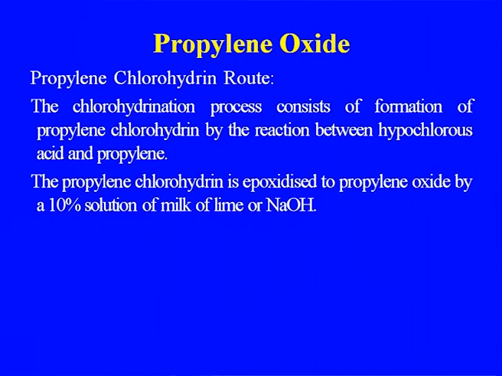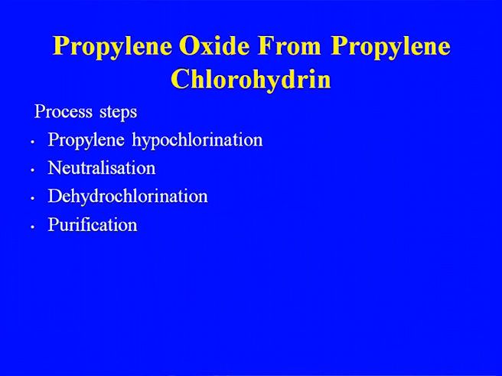The chlorohydrin process consists of the formation of propylene chlorohydrin by the reaction between hypochlorous acid and propylene. The propylene chlorohydrin is converted to propylene oxide by a 10% solution of milk of lime or NaOH. The process steps in the propylene chlorohydrin process are propylene hypochlorination, neutralization, dehydrochlorination, and then purification. These are the major steps involved.